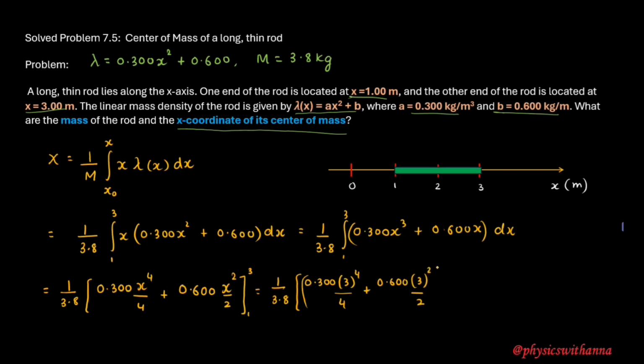Then in place of x, we write the lower limit, so minus 0.3 times 1 to the power 4 over 4 plus 0.6 times 1 squared over 2. When you solve this, you get the x coordinate of the center of mass to be equal to 2.21 meters.